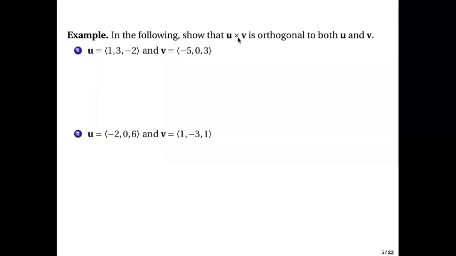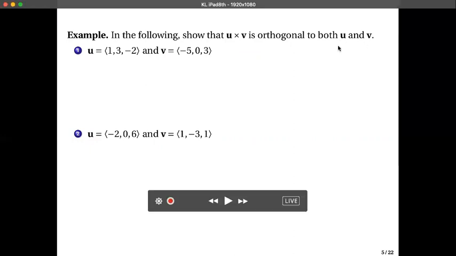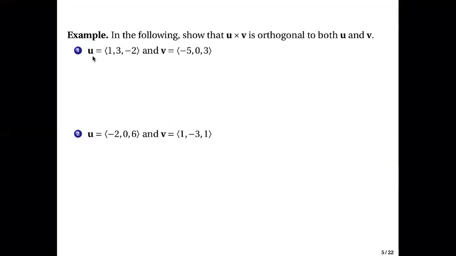More precisely, we want to show that the cross product U cross V is orthogonal to both U and V. These are the vectors that we are going to use, and we actually did the cross products for these examples already, so let's just copy the cross products there.